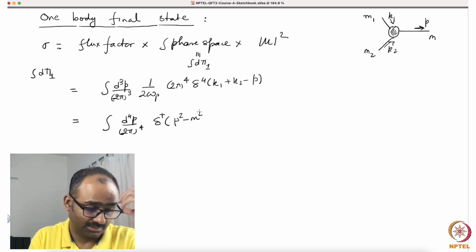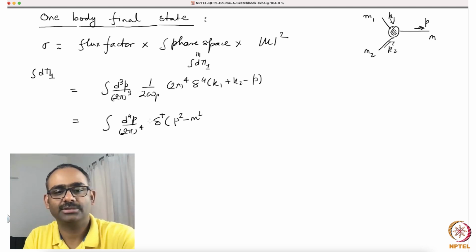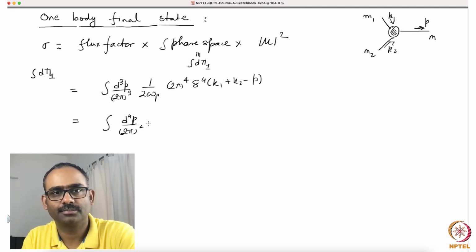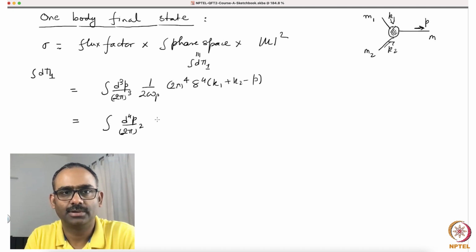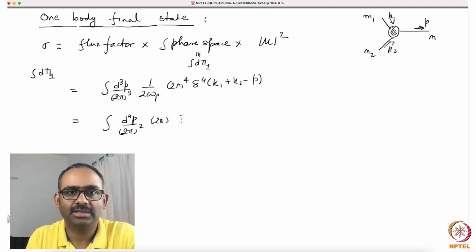And there is a factor of 2 pi that I am missing, 2 pi times delta plus of... something has happened again.